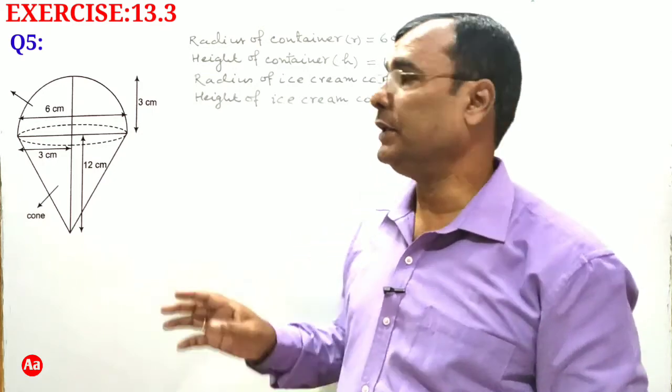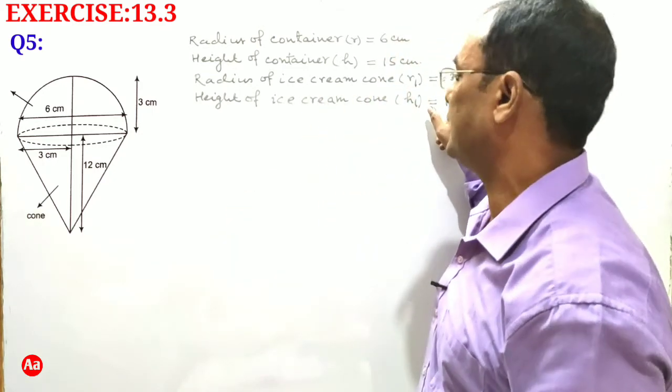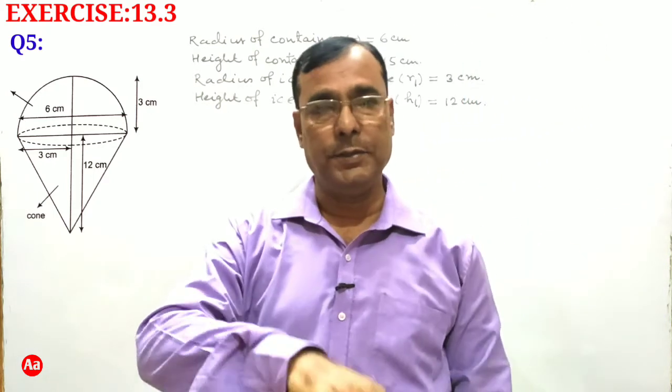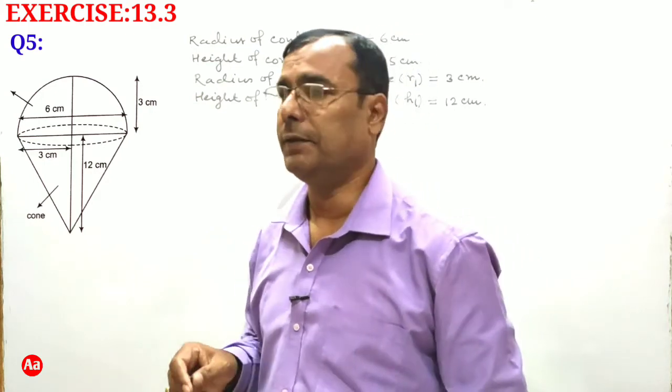If radius of ice cream cone we have written R1, that is 3 centimeter, so radius of hemispherical top on the ice cream cone also will be 3 centimeter only.